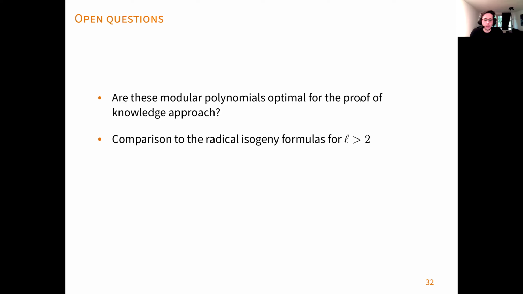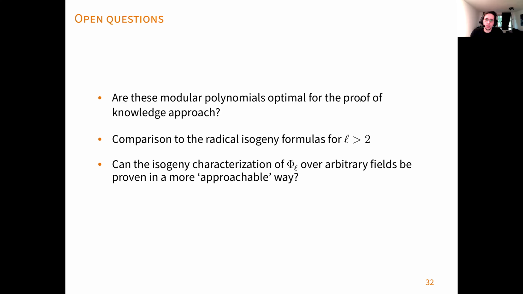And finally, a third question, which goes back to this geometric modular function theory that I mentioned a bit earlier in the talk, is it would be interesting to see if one can prove this isogeny characterization of the classical modular polynomial over arbitrary fields in a somewhat more approachable way. Igusa's proof, of course, is quite heavy on algebraic geometry, and it's also a bit older.